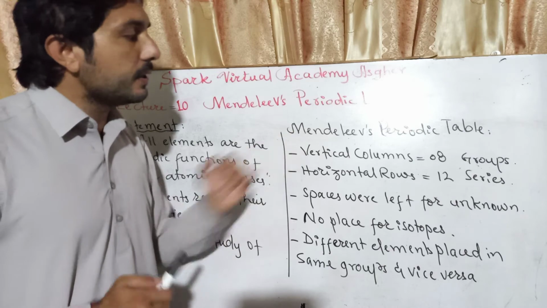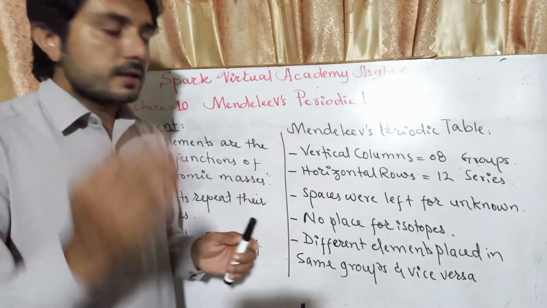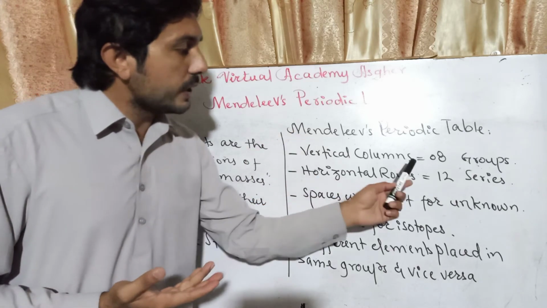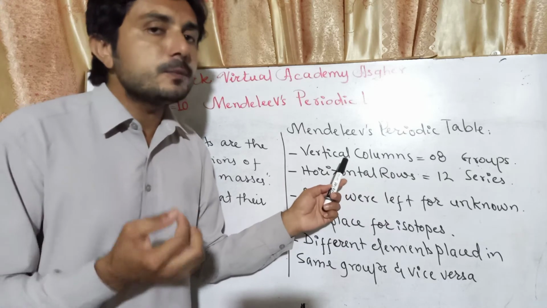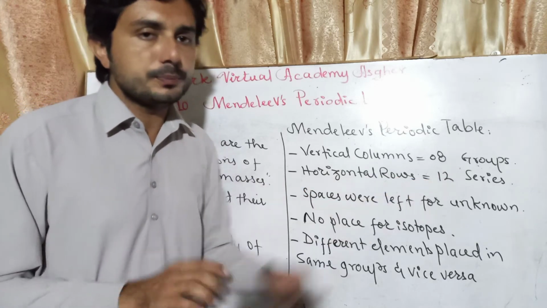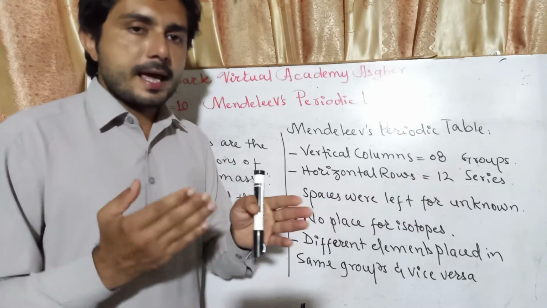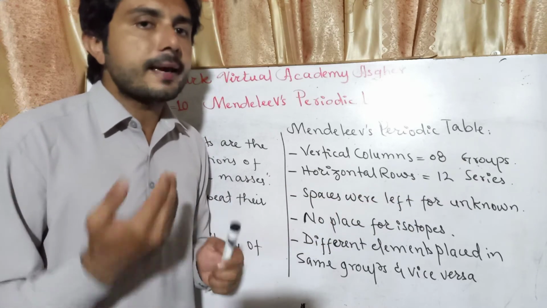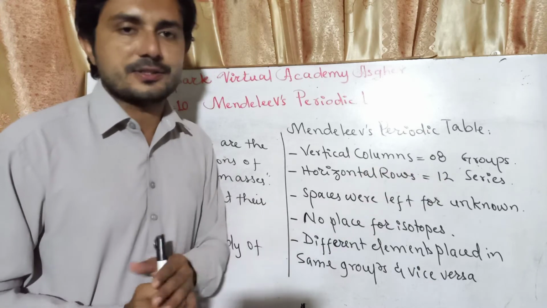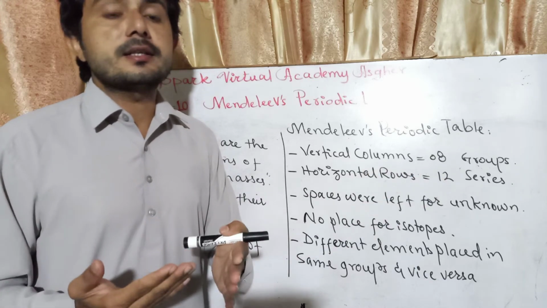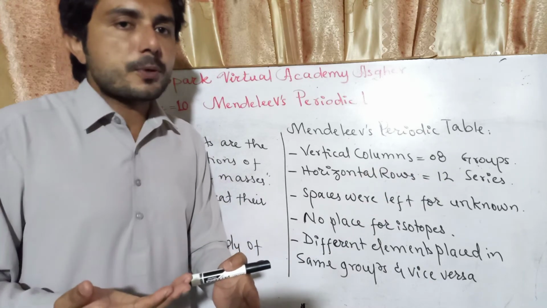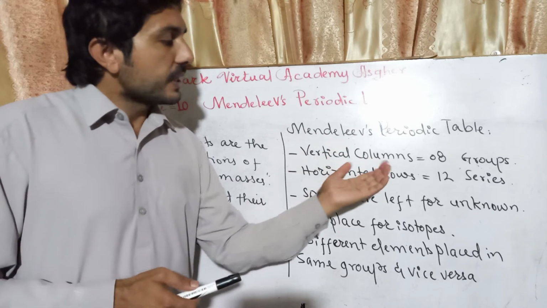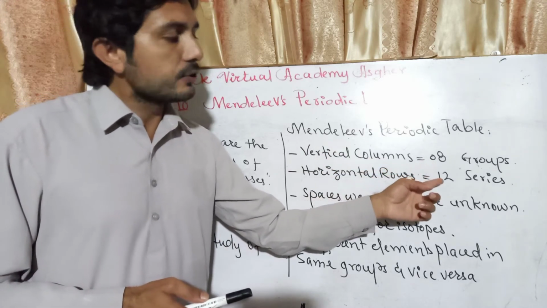Mendeleev's periodic table included 8 vertical columns, which he named groups, and almost 12 horizontal rows, which he named series. So Mendeleev's periodic table, which was based upon atomic mass, contained 8 groups and 12 series.